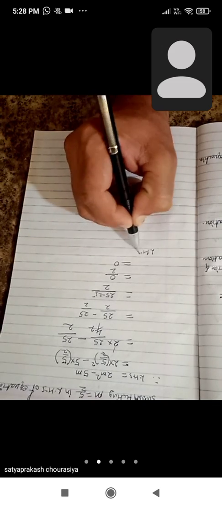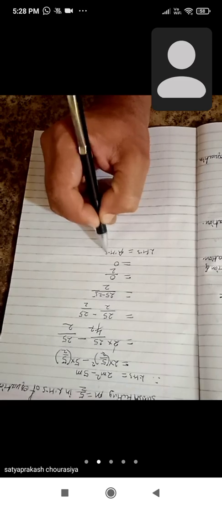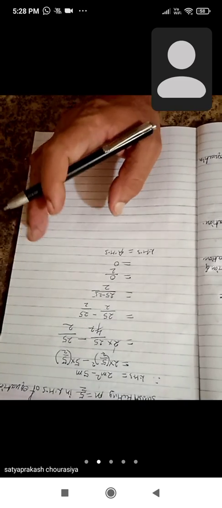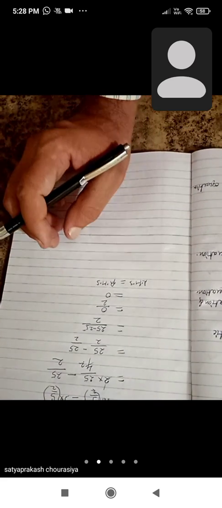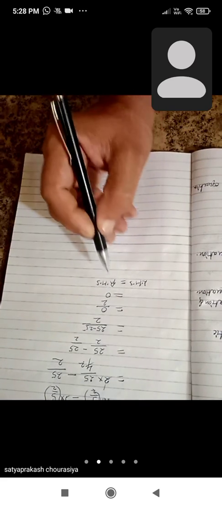Now the left hand side is equal to right hand side. What is on both sides? 0 on both sides. It's clear, the left side and right side are 0.